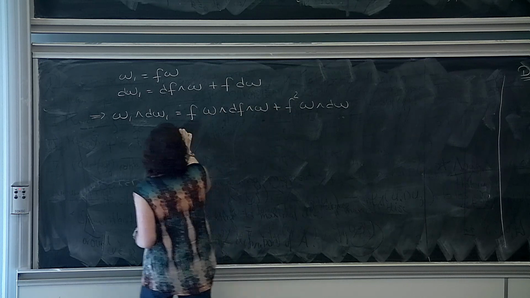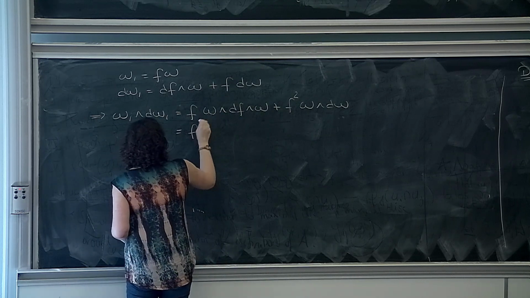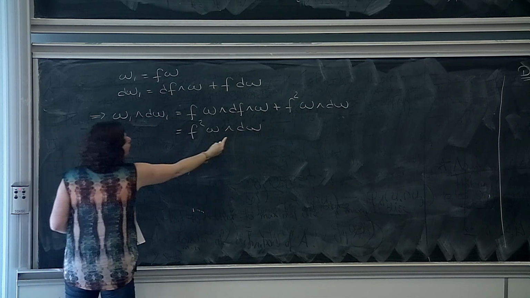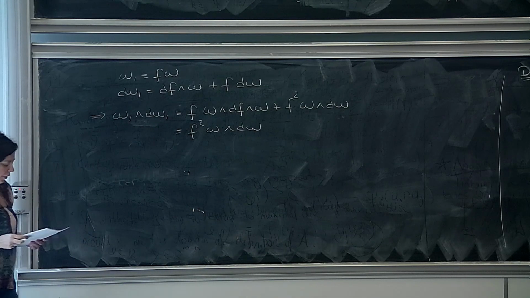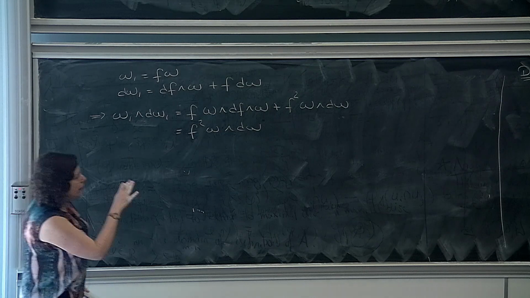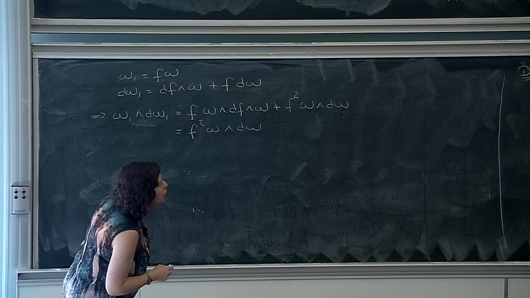This vanishes, so this is just f square w dw. Okay, so this is identically 0 if and only if this is identically 0 as well. Okay, so let me make the proof of this proposition.